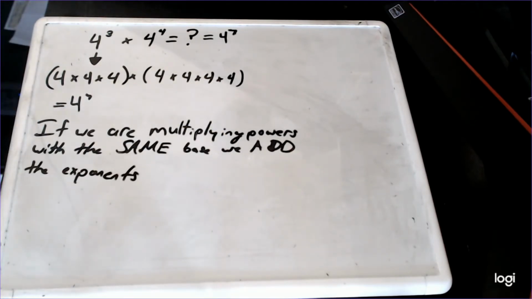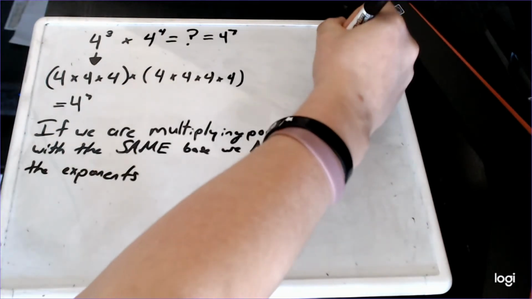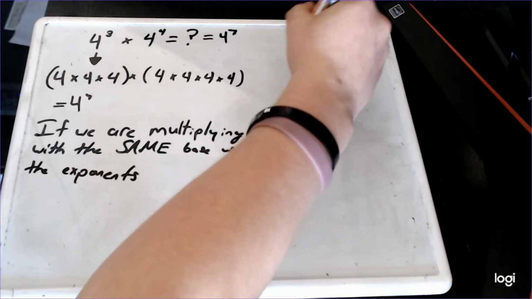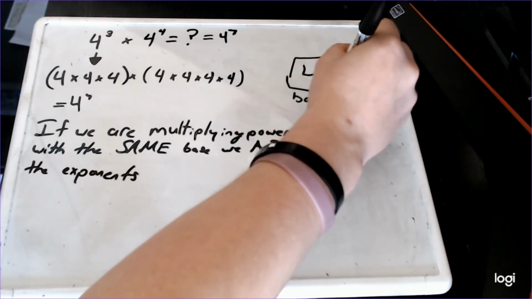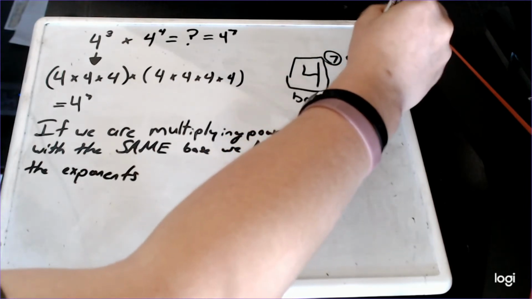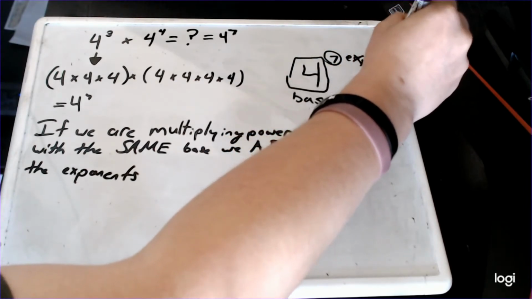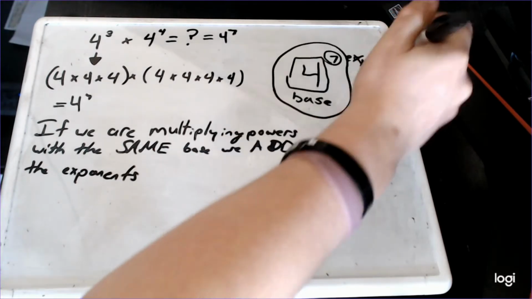Okay? And in case we forget, I'm going to draw over here our diagram where we write this is the base, this is the exponent, and this all is the power.